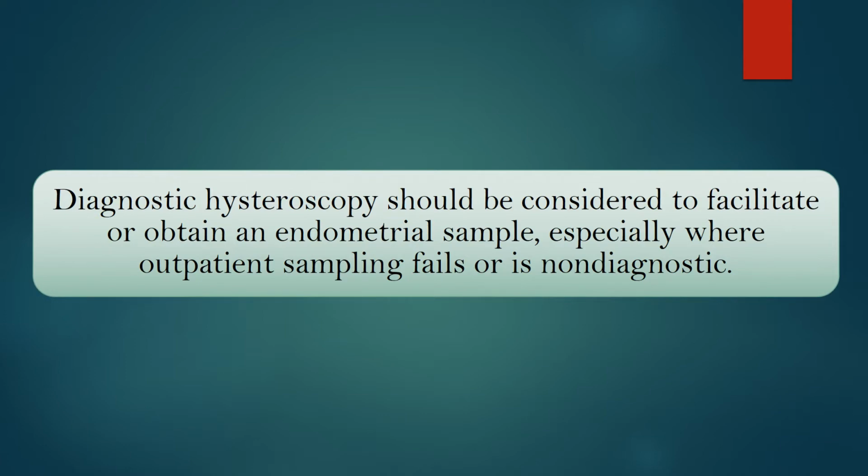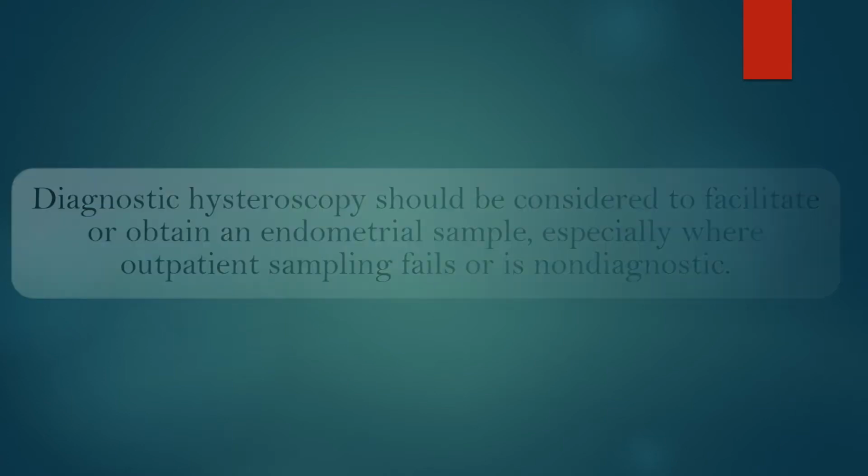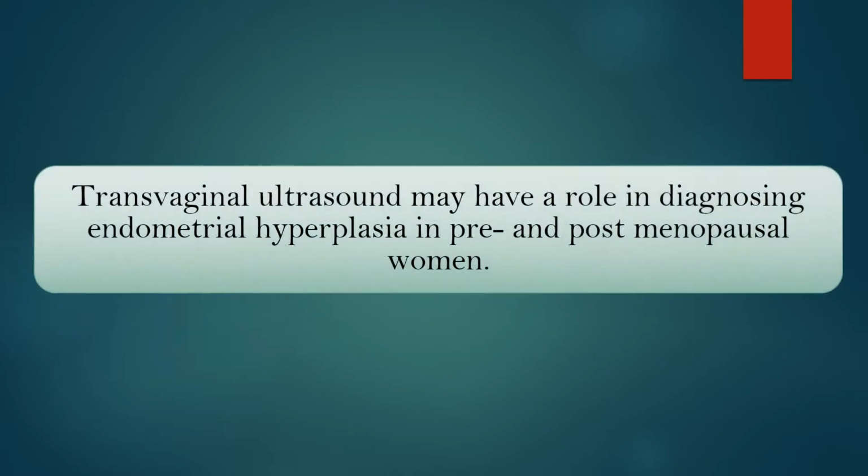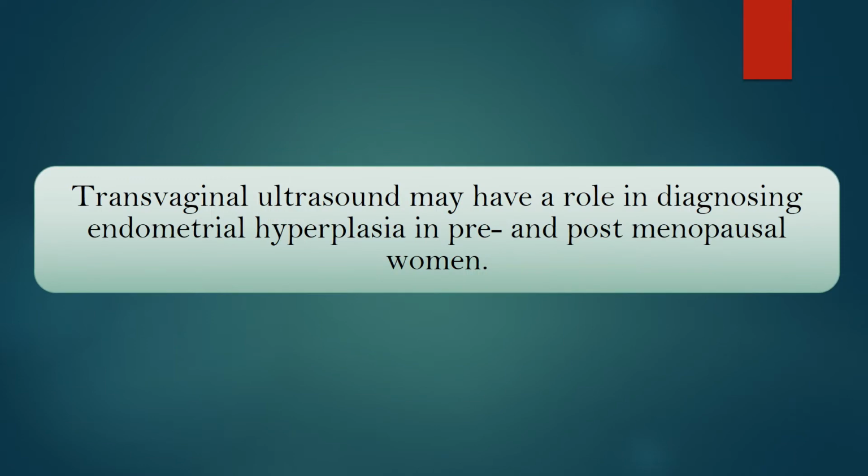Diagnostic hysteroscopy should be considered to facilitate or obtain an endometrial sample, especially where outpatient sampling fails or is non-diagnostic. Transvaginal ultrasound may have a role in diagnosing endometrial hyperplasia in pre- and postmenopausal women.